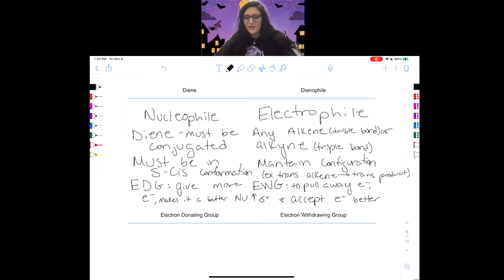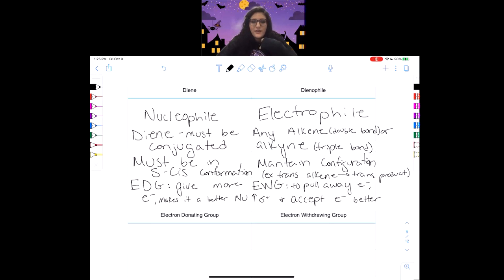Yes. So to recap, the nucleophile is the diene, so it must be a conjugated diene. It must be in the S-cis conformation, which means both double bonds are pointing the same direction. And it wants to have electron donating groups because it wants to have a more negative charge. It wants to have more electrons, and therefore it can be a better nucleophile.